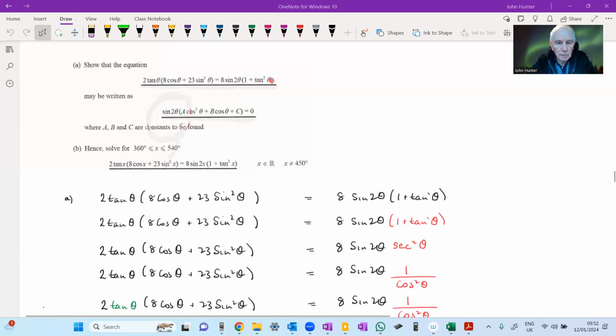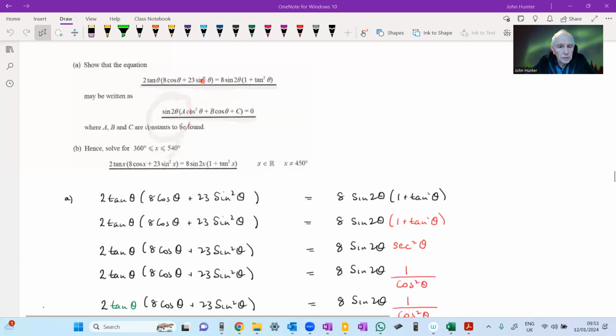This one, though, we think needs a slightly different approach. The fact that it's written in this form, 1 plus tan squared theta, should remind us of our identity that this is equal to secant squared theta, and secant squared theta is the same as 1 over cos squared theta. So we've got some manipulation to do there with those tangents.